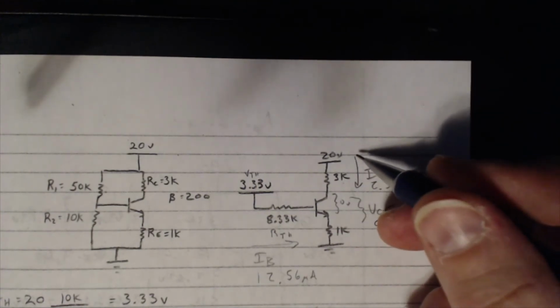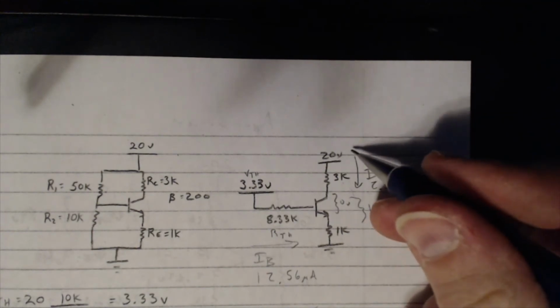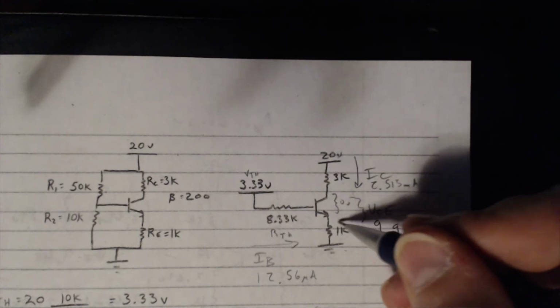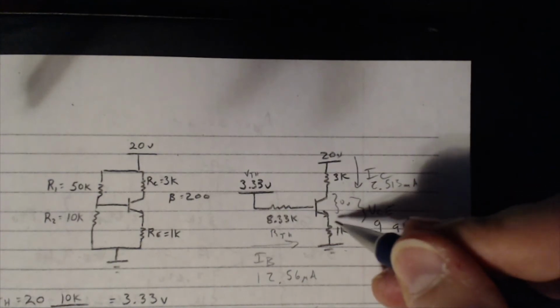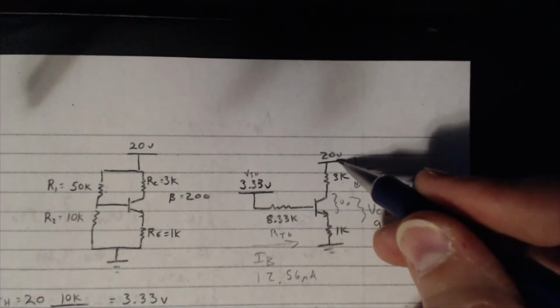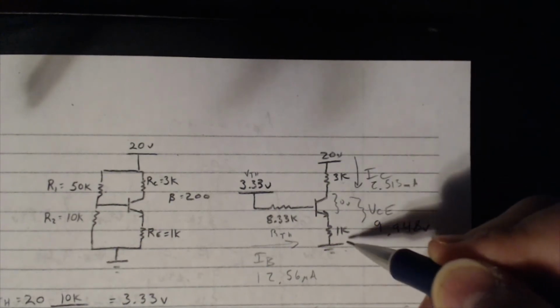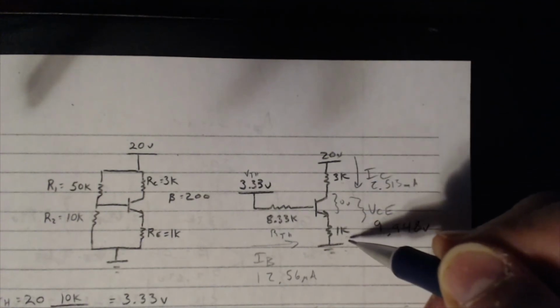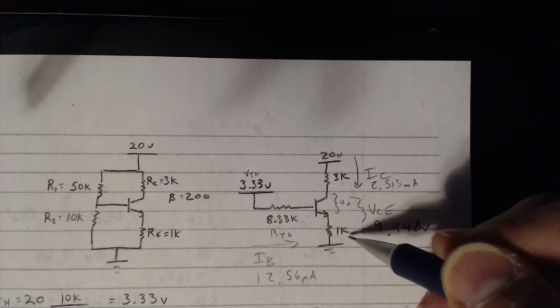So if that's the case, what's the collector current? What would be the max current that could flow between the 20 volts to ground if we had a 0 volt drop between the collector and emitter? Well, it's just going to be 20 volts divided by 3K plus 1K, right? Resistance in series adds, 3 plus 1K is 4K, and Ohm's law gives us the current.